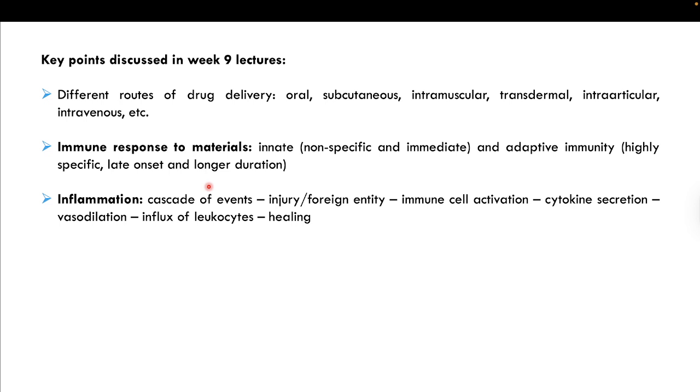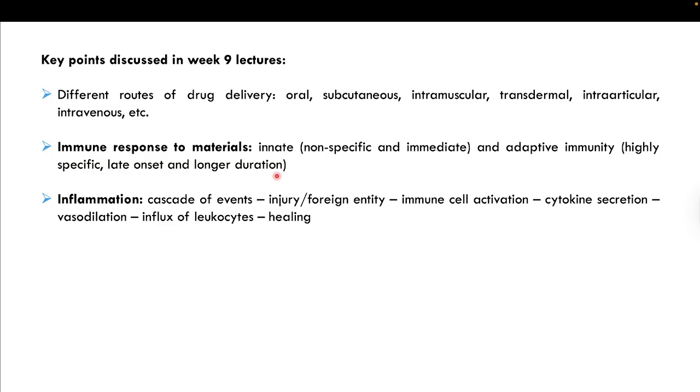And then you have inflammation. Inflammation forms a very important point when you're trying to put an implant, or let's say a biomaterial. This is a cascade of events. Let's say I'm trying to implant something into a patient's body, and in the process of this implantation, there is a possibility that some of the tiniest blood vessels around this area might get ruptured.